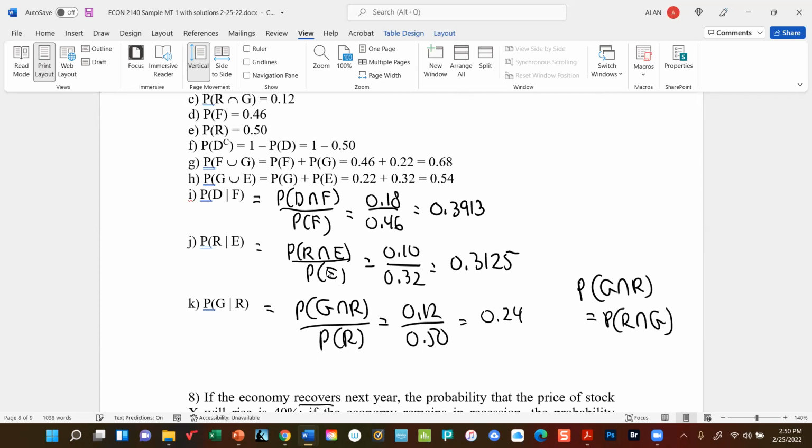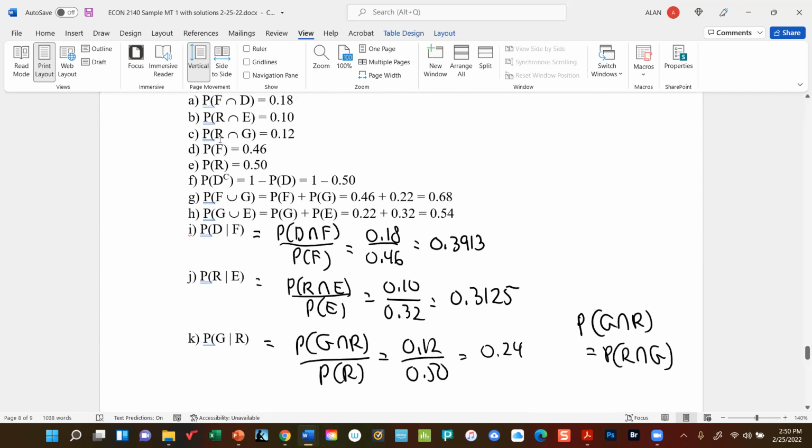So here I'm writing G intersect R. Up here, I wrote it as R intersect G. It's the same thing. In both cases, it's 0.12. So don't forget about that. And the same thing is true, by the way, for unions. For G union E here, it's the same thing as E union G. I just want to remind you.